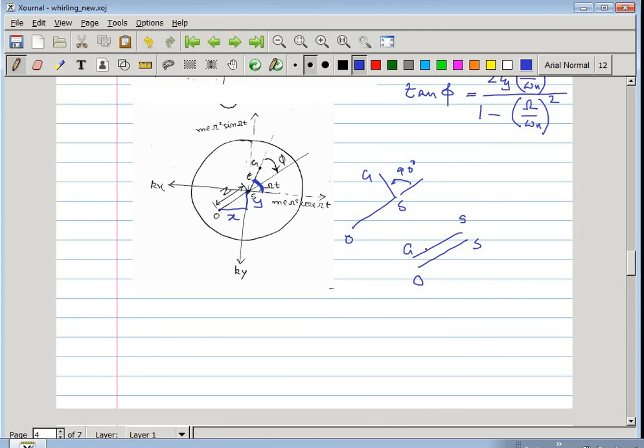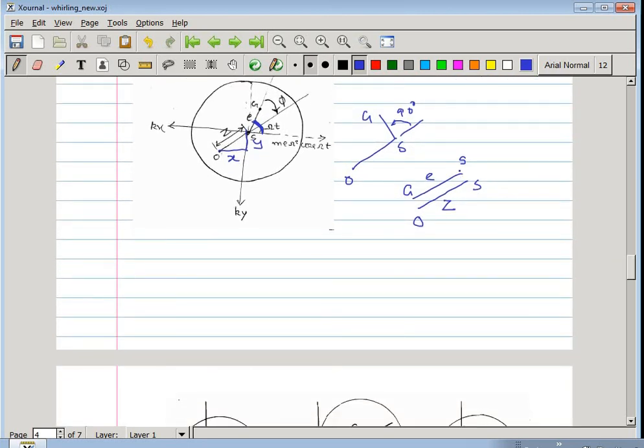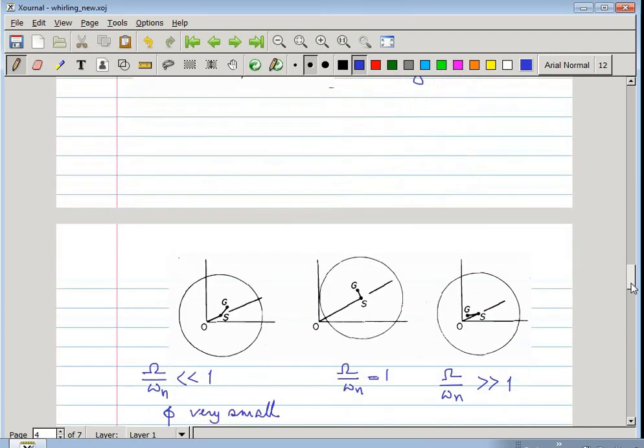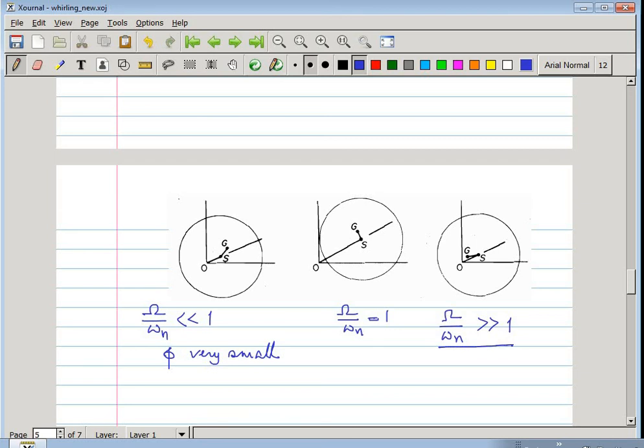This is Z, so this is S2, this is E, and this is Z. So Z and E are the same in magnitude, and E is due to some manufacturing fault or some imperfect fitting. So E is expected to be very small. In that case, Z is also very small. In the supercritical region, which we call supercritical because the speed is higher than the critical speed, OS equals SG.